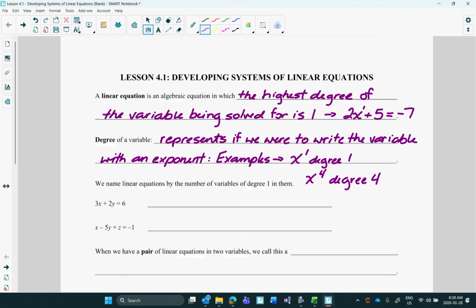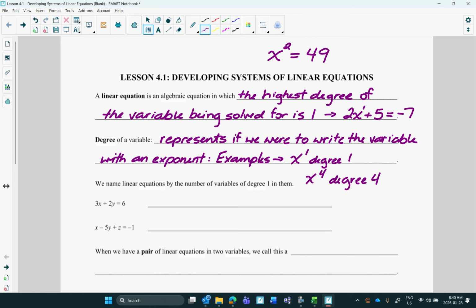There are equations, you don't have to write this, like for example, this is an equation of degree 2. Why? Because it's got an exponent of 2 attached to the variable. What would be the answer to this one? 7, because 7 squared is 49.